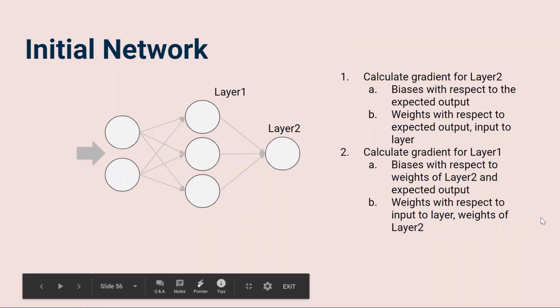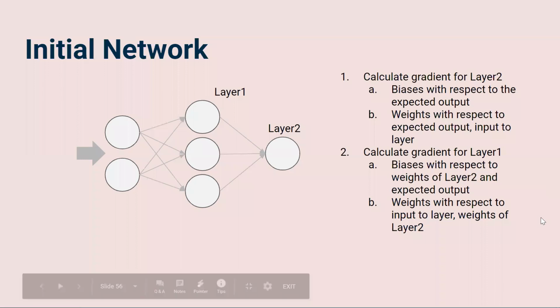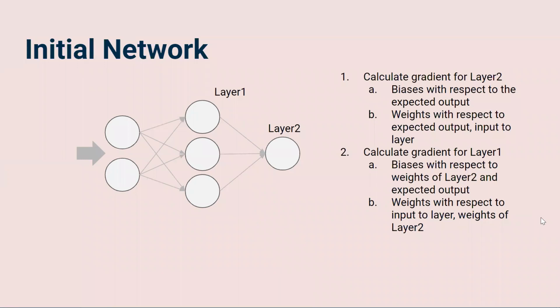Hello. Okay. I'm Catherine, and I'll be going over briefly what the code implementation looks like. So just a reminder, this is what our initial network will look like before backpropagation. This is when we've already calculated the feed-forward values, and now we want to use those values to update our weights using backpropagation.